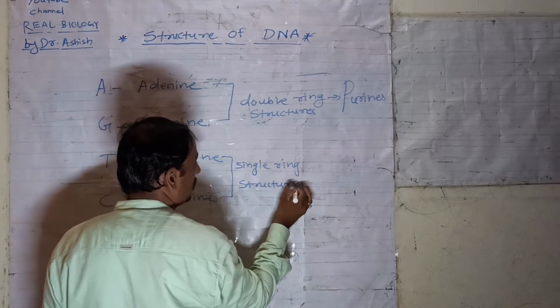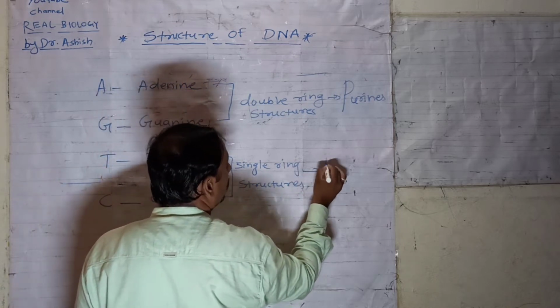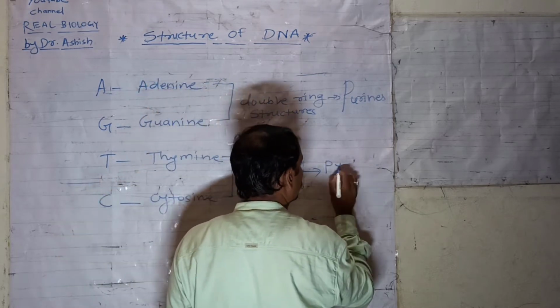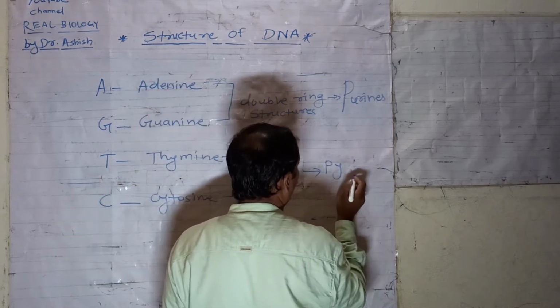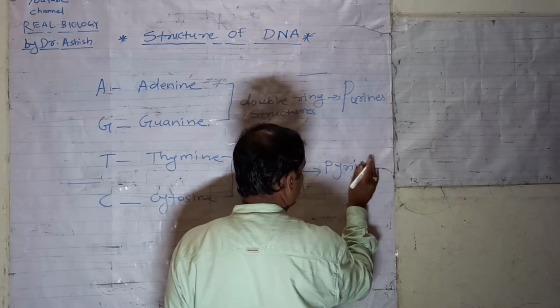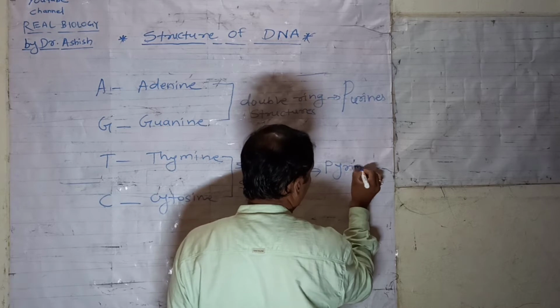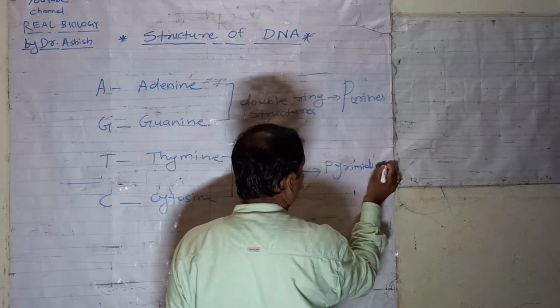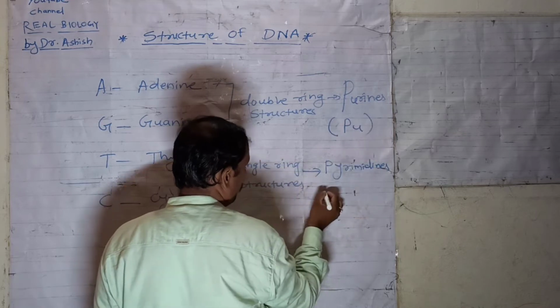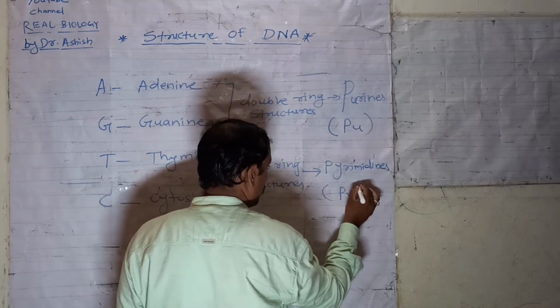Let's see how they are present and what is their ultrastructure. Purines are double ring structures and pyrimidines are single ring structures. Purines are denoted as Pu and pyrimidines are denoted as Py.